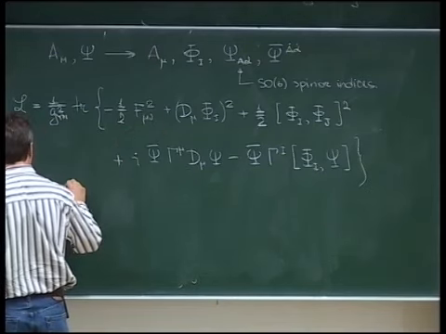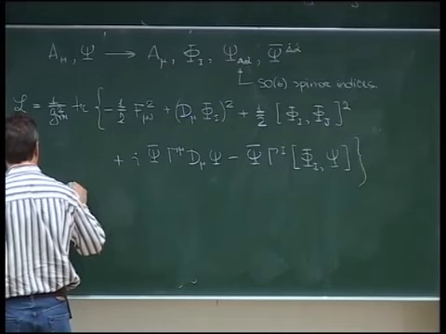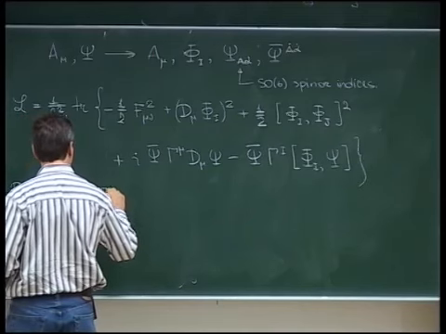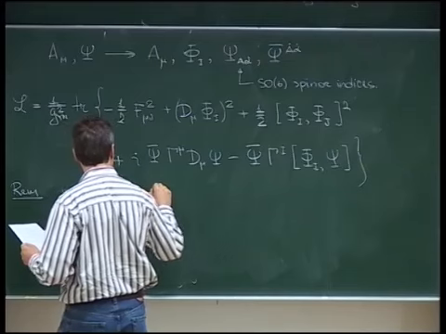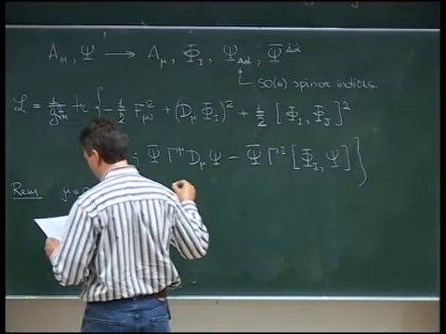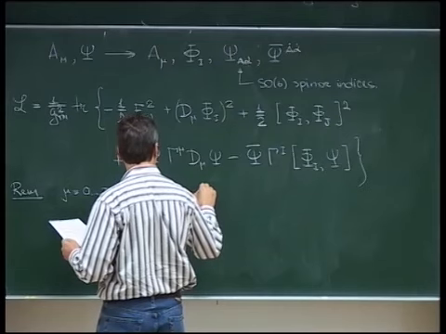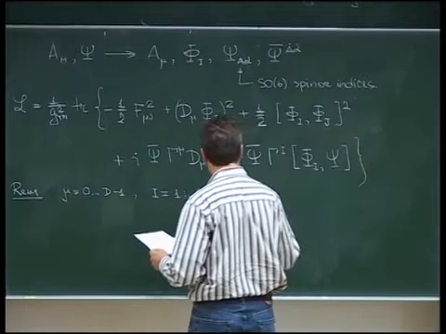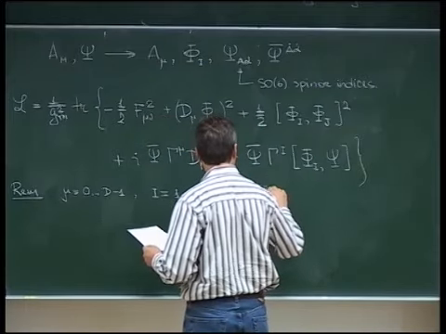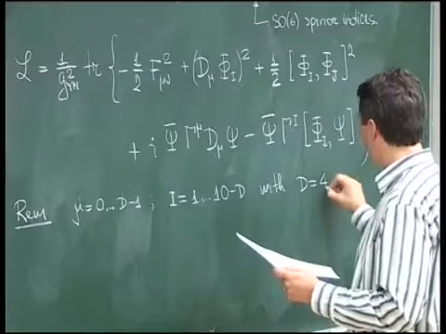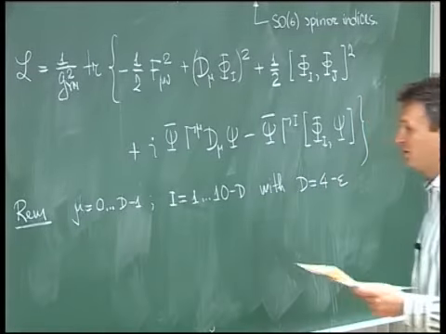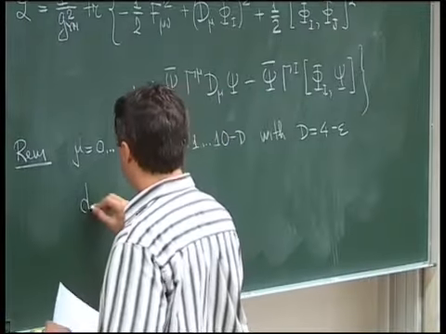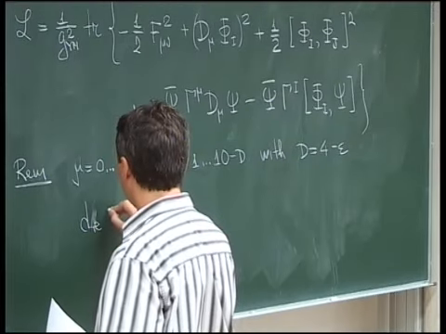So if we say that mu runs from 0 to d minus 1, and I runs from 1 to 10 minus d, and take d to be 4 minus epsilon, then this defines a regularization scheme called dimensional reduction.